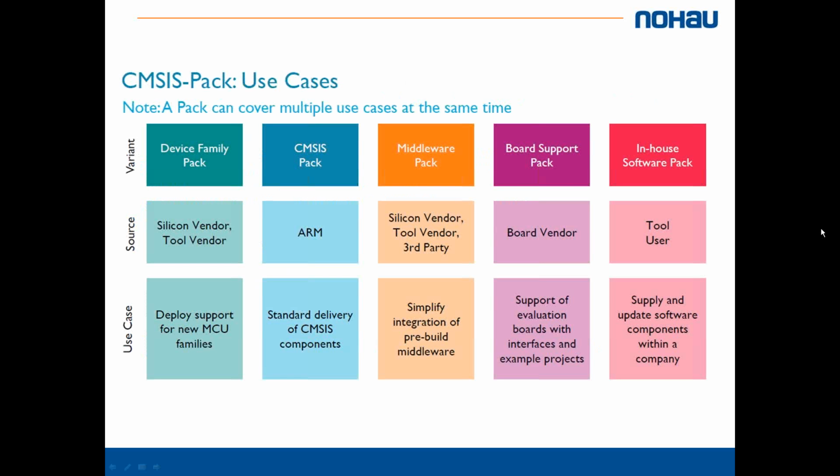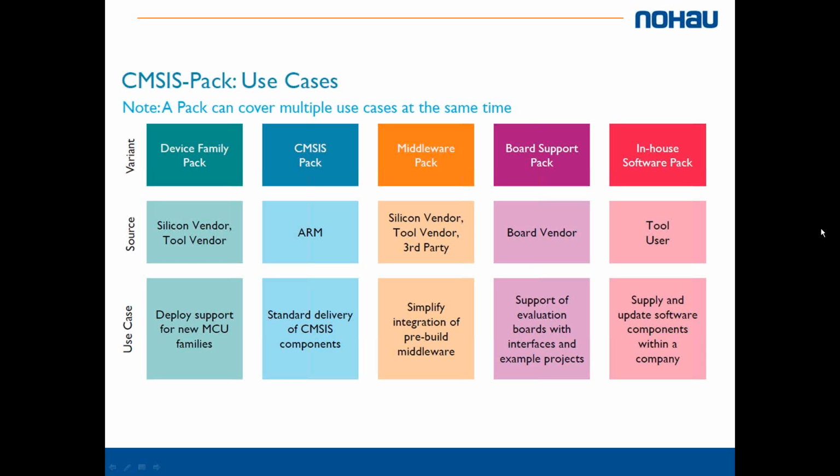Generally, there are 5 use cases of software packs, and the one I will talk to you about today is the in-house software pack. Usually you have the device family pack from your silicon vendor, where there are drivers for your MCU and such things. You have the CMSIS pack from ARM, which is the standard interface for Cortex-M.